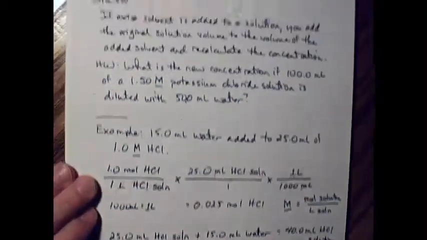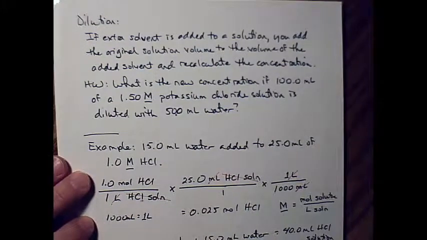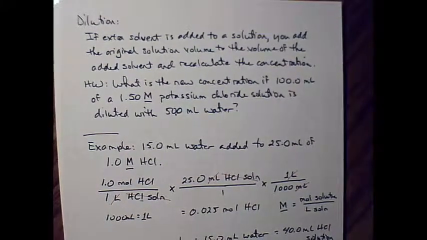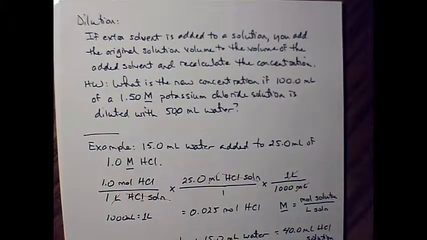Now, the basic idea is, in order to find out what the new concentration is when you dilute a solution, you've got to break out how many moles there are in the solution, add the solution volume to the volume of the solvent added to it, and put your concentration unit back together.